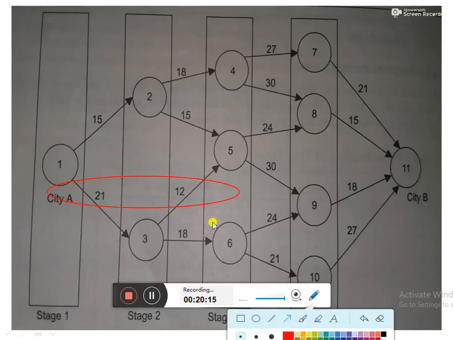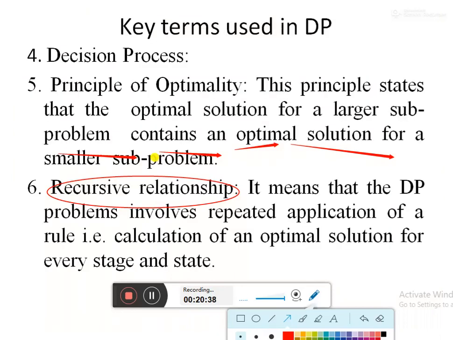We calculate the optimal solution from stage 1 to stage 2, and again from stage 2 to stage 3, from stage 4 to stage 5, and again from stage 5 to the final destination. So we have to repeat the same technique or same rule again and again until we get the final solution of the problem. That's why it is recursive or repetitive in nature.